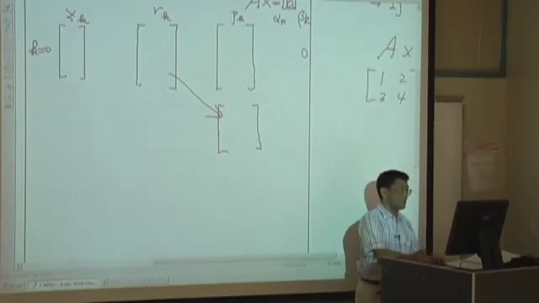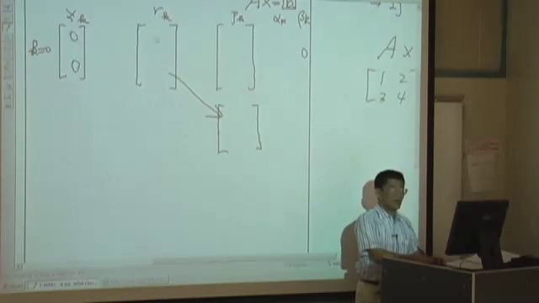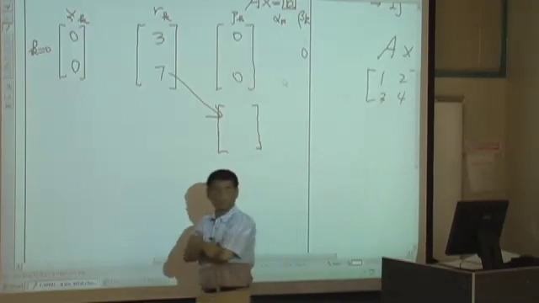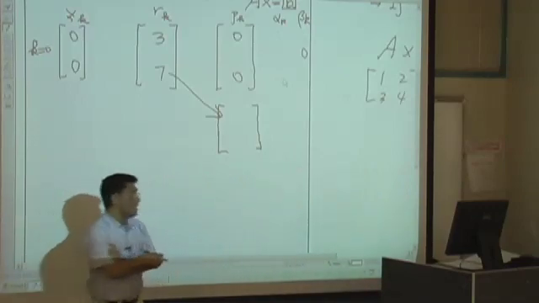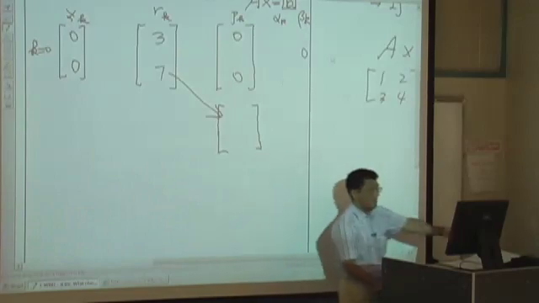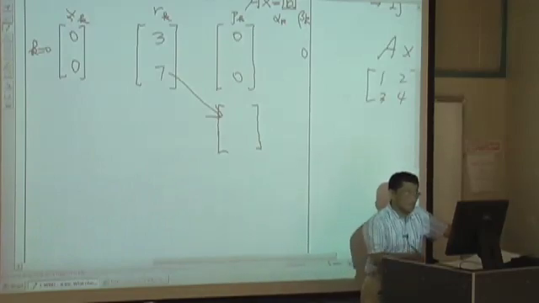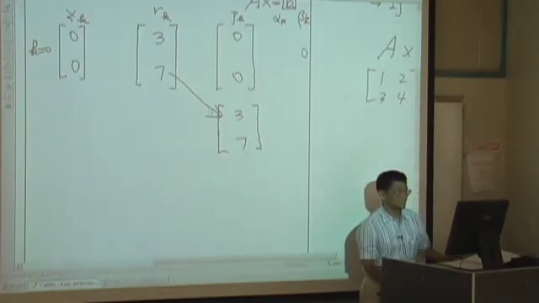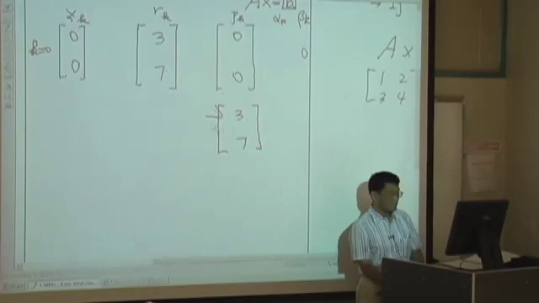So let's do it. Initially, we should have 0, 0, right? And then RK is the right-hand side, 3, 7. PK is 0, 0. And this is it. Then let's determine this P1. P1 is determined by just copying it. So I filled these things, and now I want to fill this blank spot.